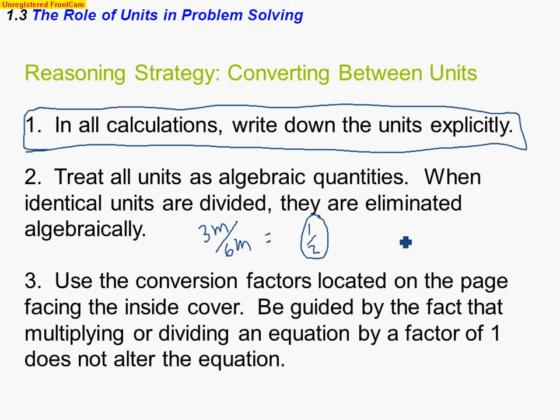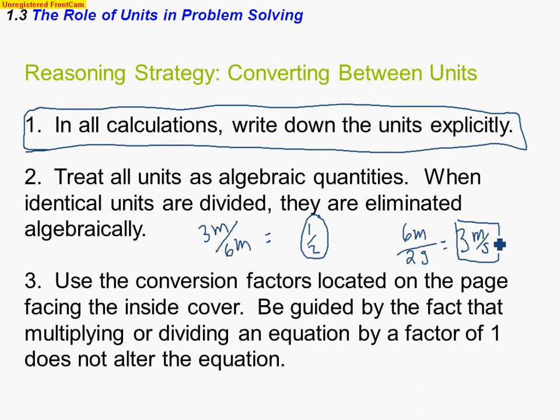Or if you have, say, 6 meters divided by 2 seconds, that would give you 3 meters per second, meters over second, or 3 meters per second. So if you include the units with your equation, with the numbers that you're putting in, it will automatically work out to give you the proper units that you need.